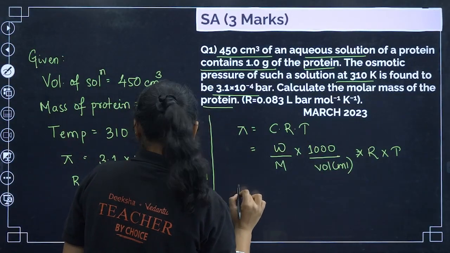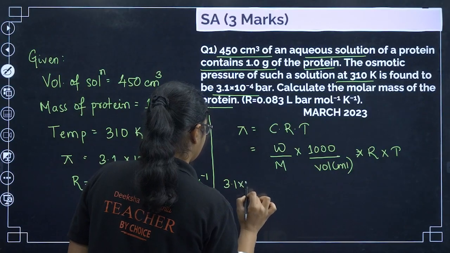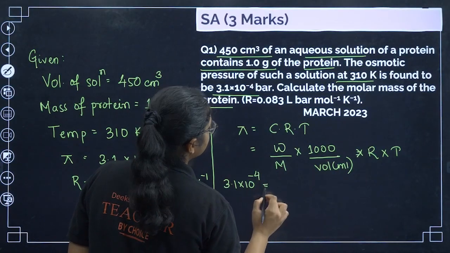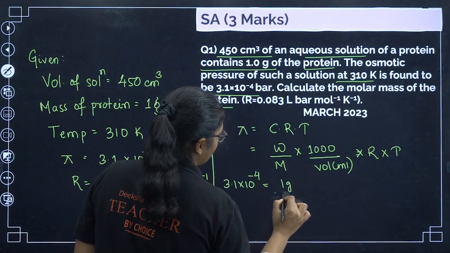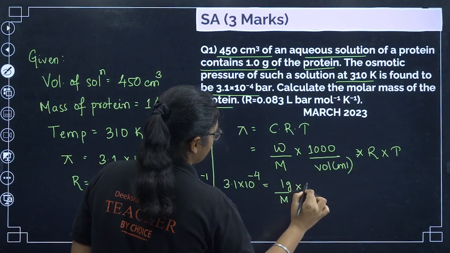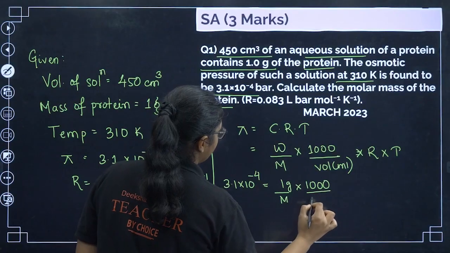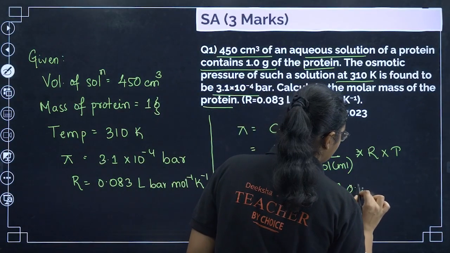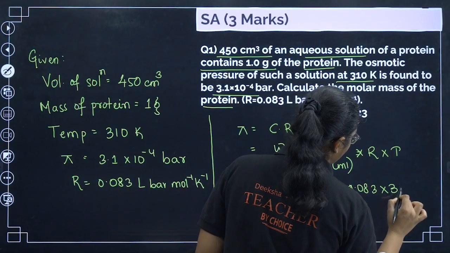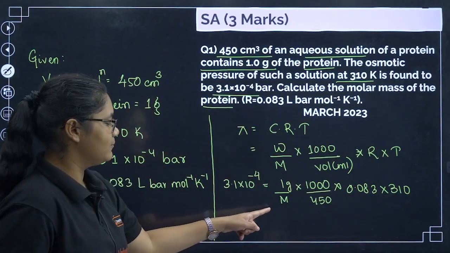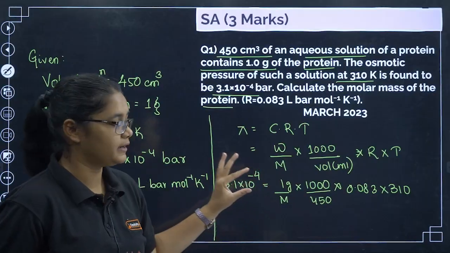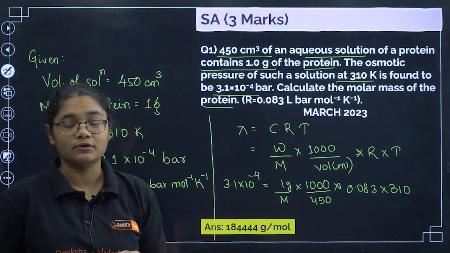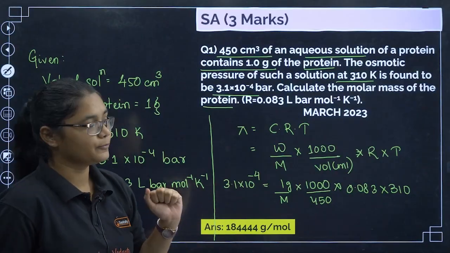Pi is 3.1 into 10 to the power of minus 4. Okay, W is equal to how much? W is 1 gram. Molar mass we have to calculate, 1000. Volume is 450 into 0.083 into 310. Okay, so you have to calculate this M here by solving this one. Substitution I have done. So this will give you 1,84,444 gram per mole. Okay.